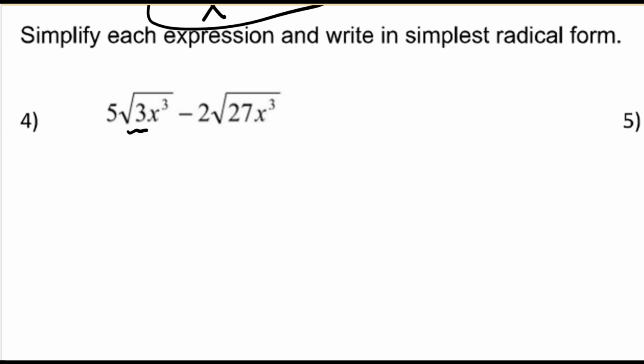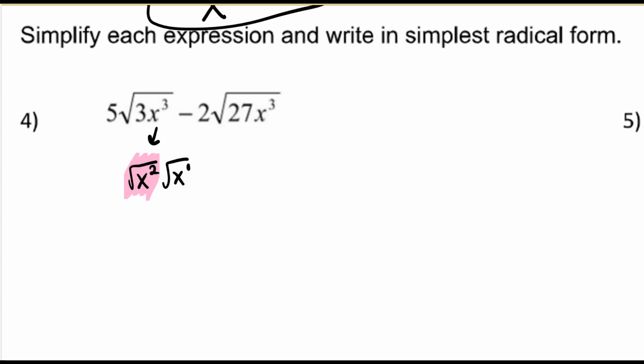So for this first one, I see a 3x cubed under a square root. Well, I know 3 can't break down at all, but x cubed, I think to myself, can be broken up into radical x squared times radical x to the first. And the reason I'm doing that is because x squared is in fact a perfect square because it has an even exponent.